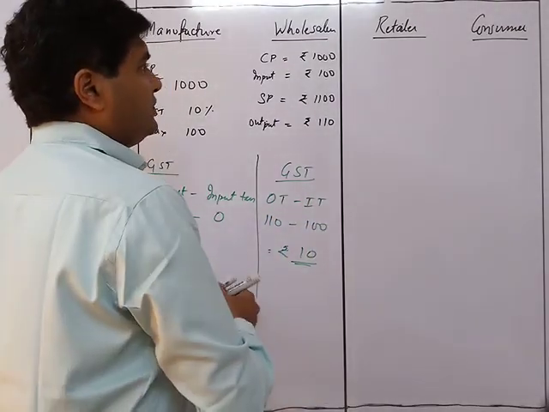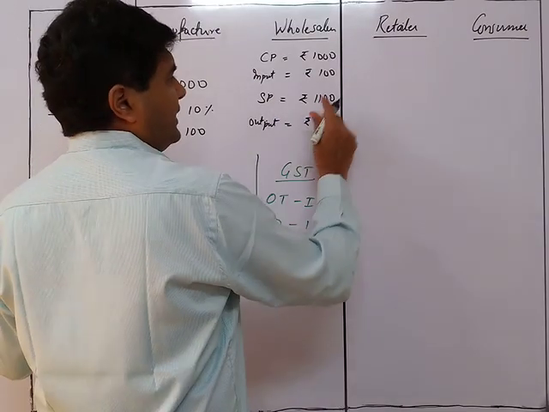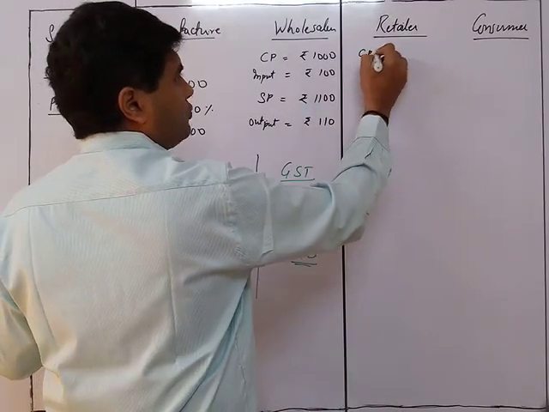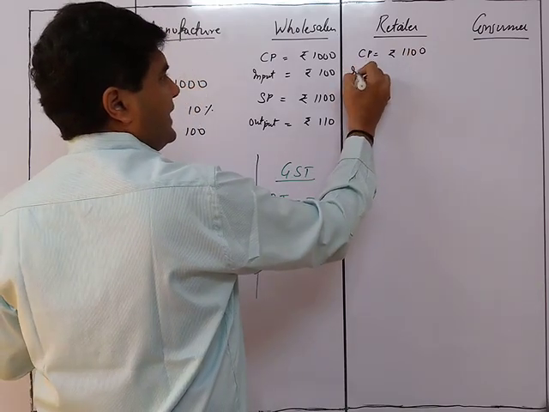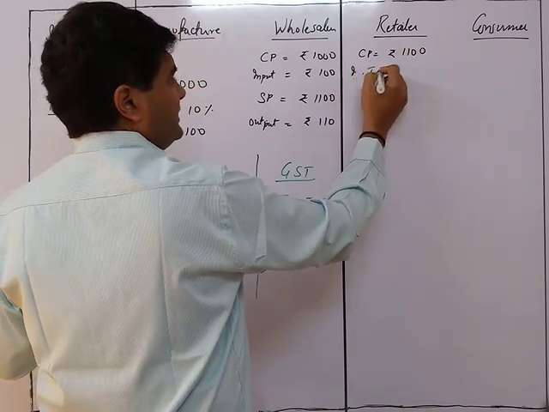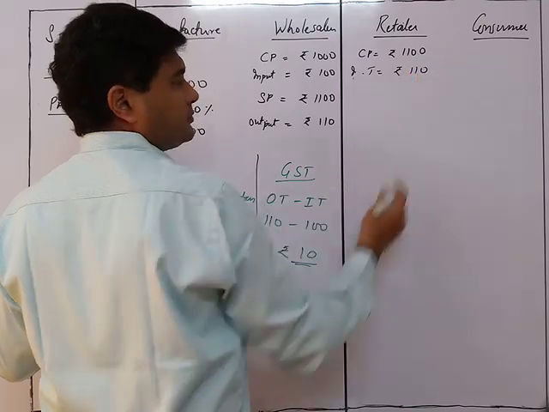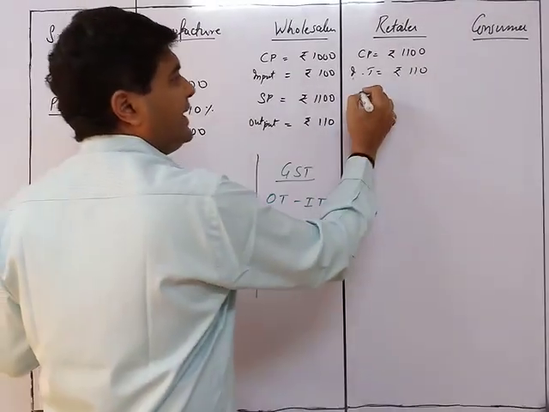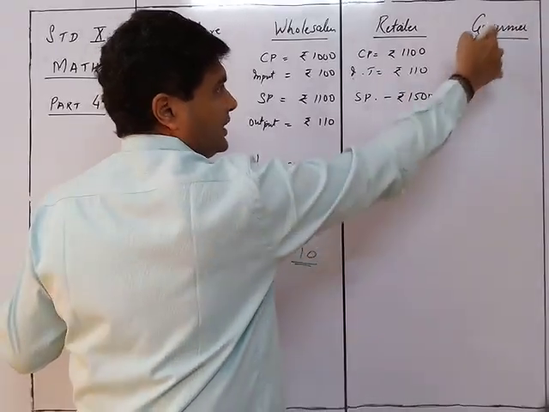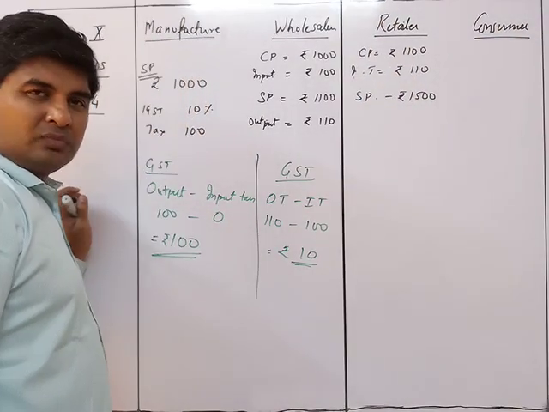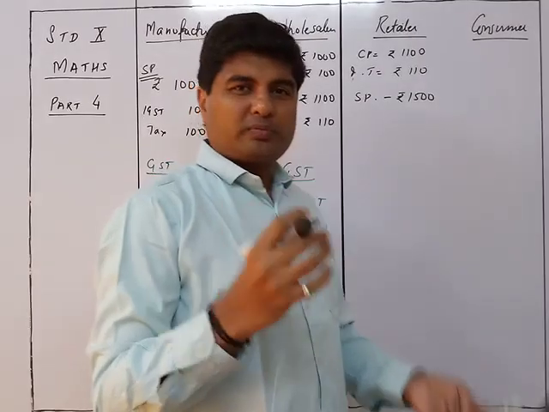We see further, now this retailer, he bought it for 1,100, so his CP is rupees 1,100. So his input tax is rupees 110. And he sells this article for rupees 1,500 to the customer. Always the retailers in the shop earn a lot.